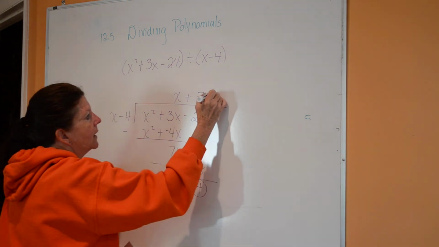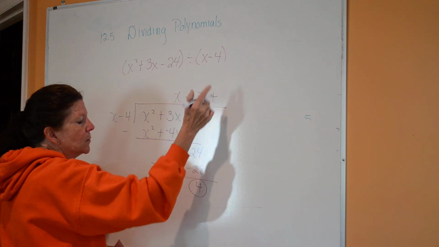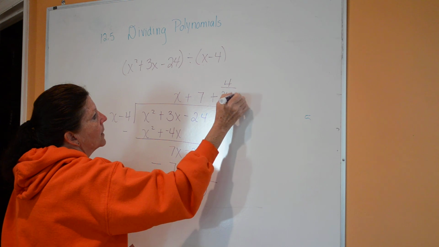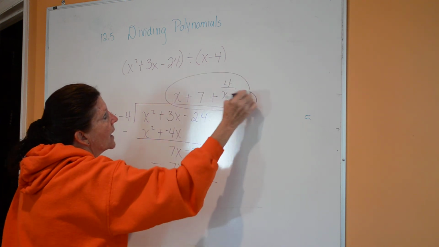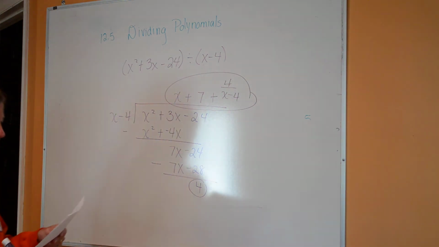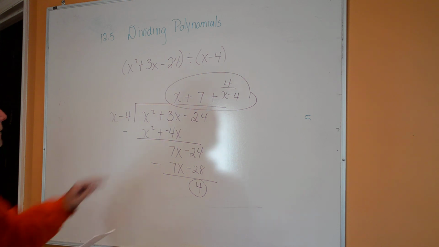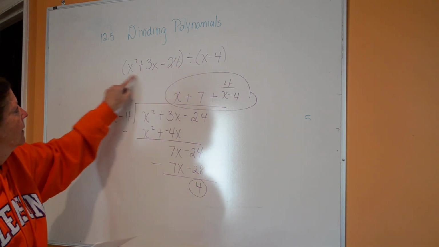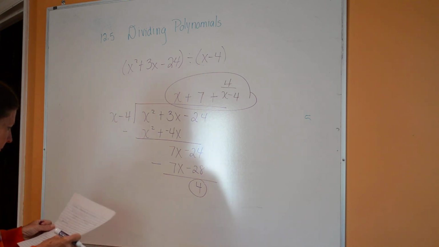So I can turn around and go plus, because notice there's a plus in between each one, 4 over x minus 4. That's my answer when I divide that. If I turned around and multiplied this times this, it would give me this polynomial right here.